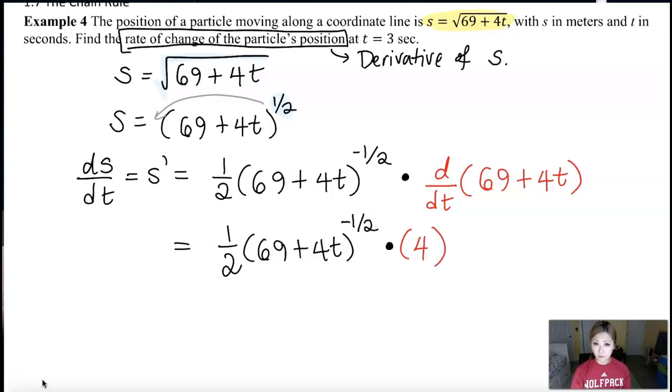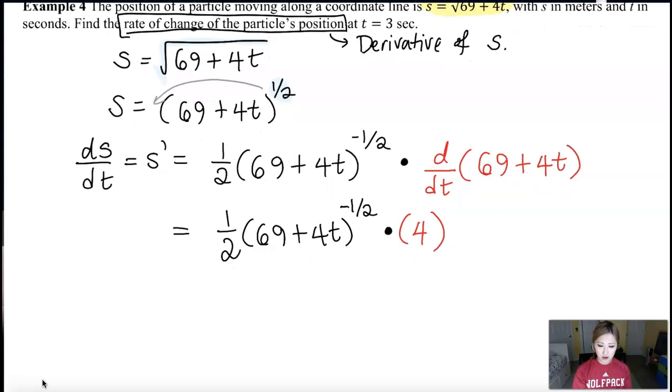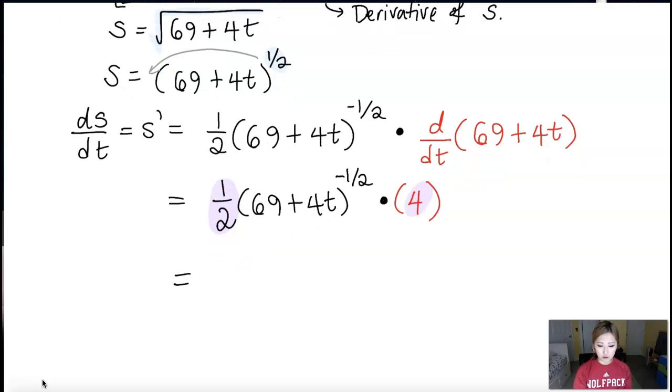And I get to simplify this. If you notice, there is a half in front, and there is 4. So if you multiply them, we're going to get 2. I'm going to put the 2 on top of the fraction, and we will put this in the denominator because it has a negative exponent, right?